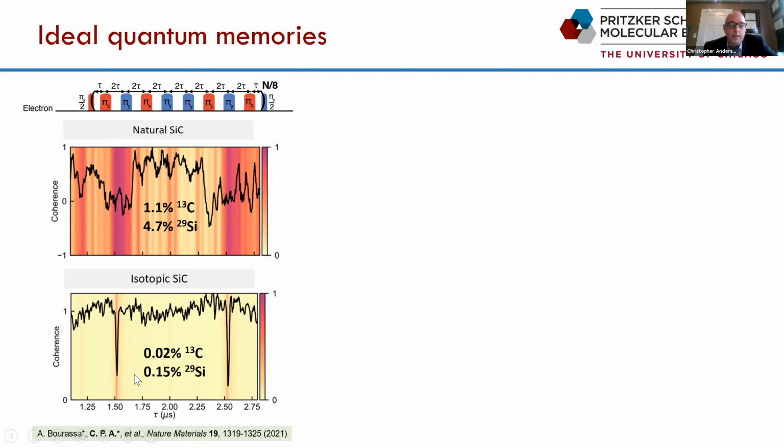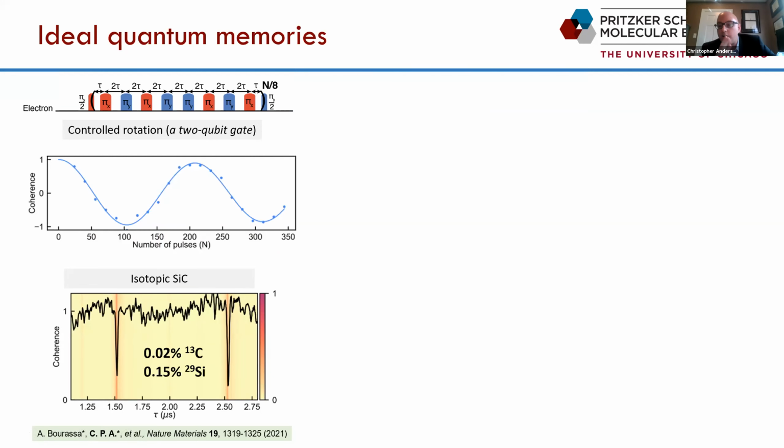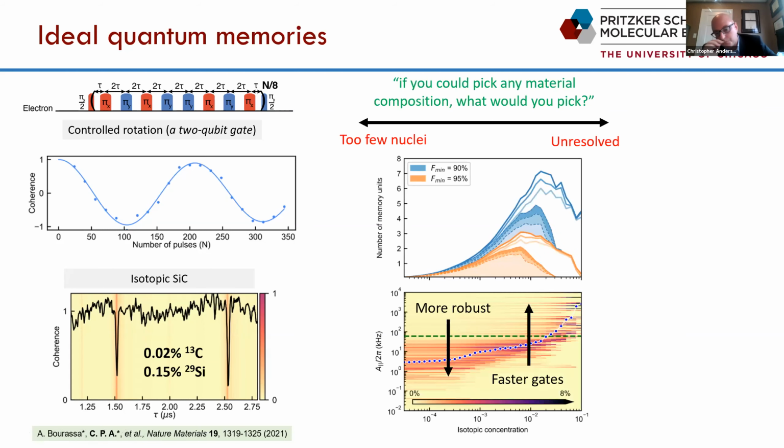single nuclei. We can use this and vary the number of pulses or vary the interaction time between our electron and our nuclear spin to create a controlled rotation, which is the basic 2-qubit gate for creating entanglement with these systems as well. But there's a very interesting question here. Obviously, if I have too many nuclear spins, it gets really crowded and it's hard to see. That's what I showed you up here.